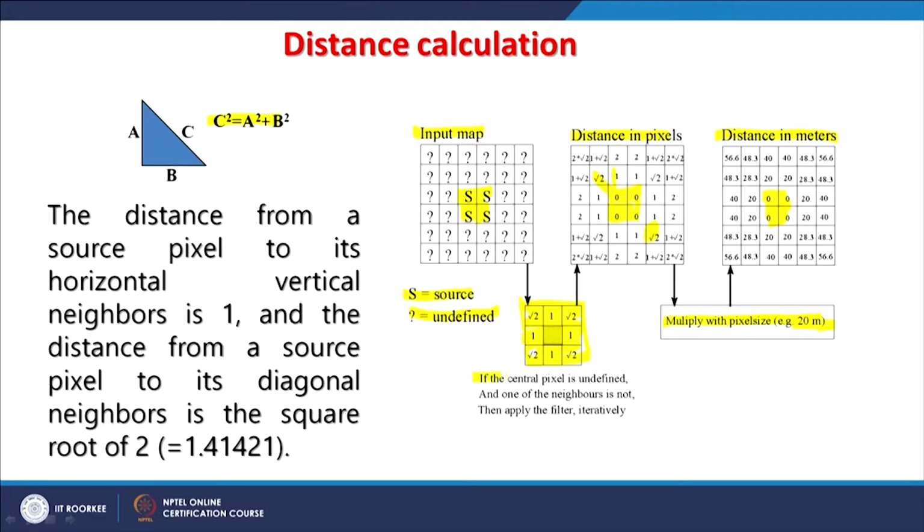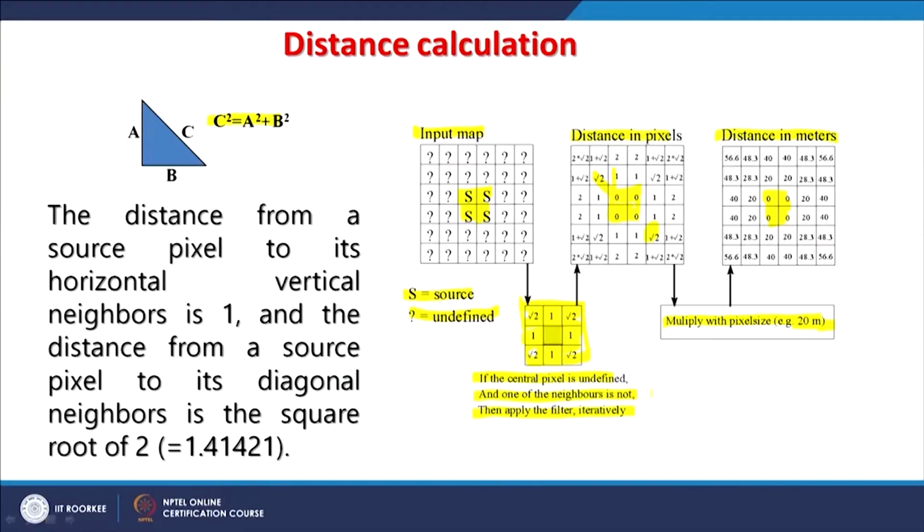So if the central pixel is defined here, the central pixel in our matrix, this roving or moving matrix, and one of the neighbors is not, then apply the filter iteratively. That means we will move this filter or this matrix or roving window throughout the data, and then the calculation will be done.